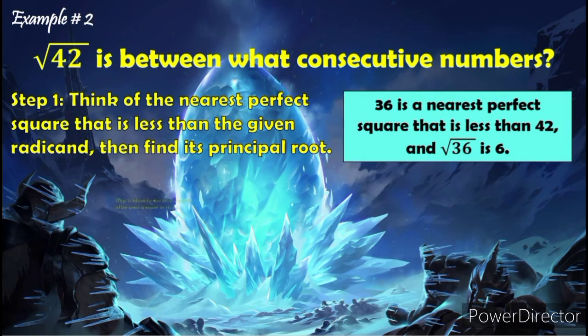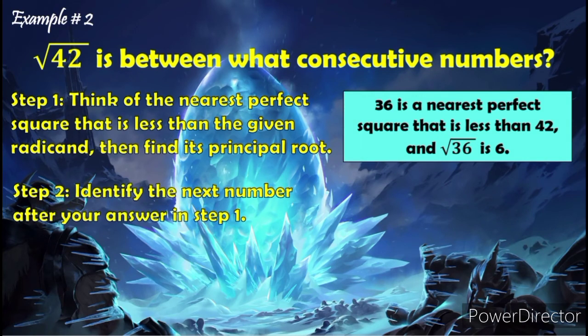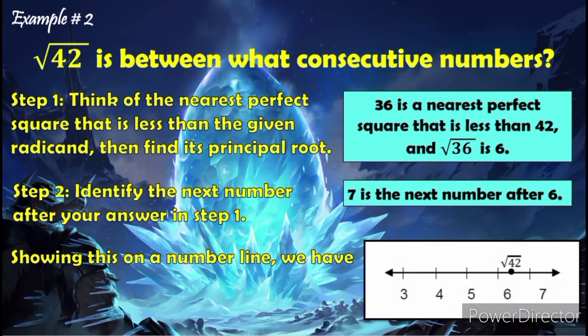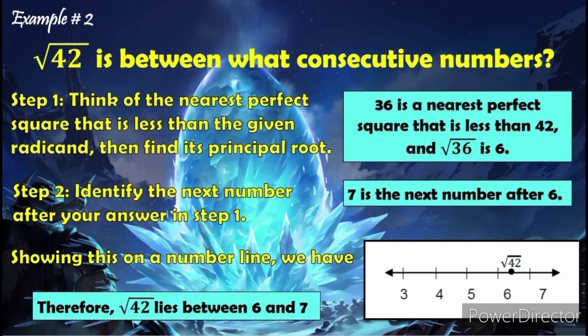For step 2, identify the next number after your answer in step 1. 7 is the next number after 6. Showing this on a number line, we have this. Therefore, the square root of 42 lies between 6 and 7.